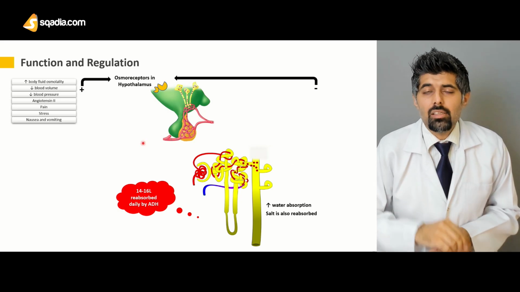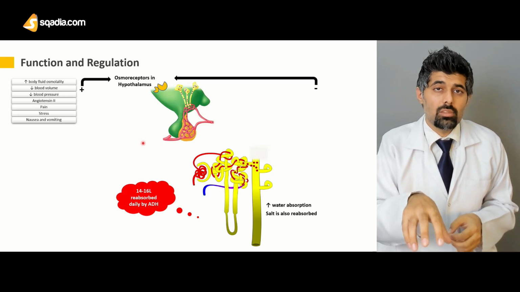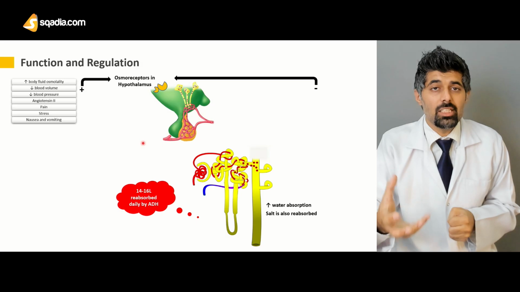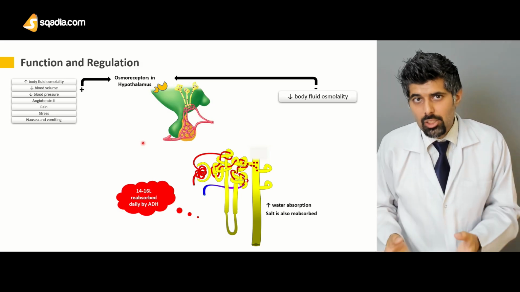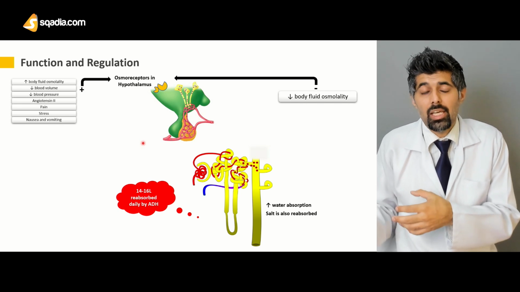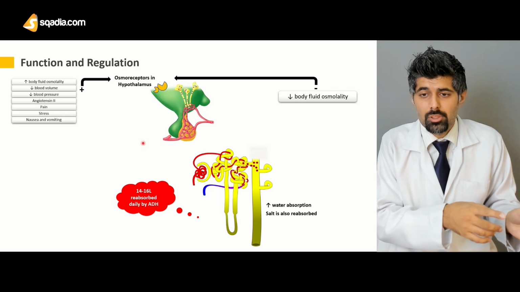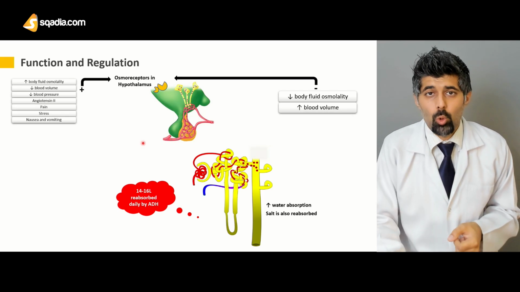Now, like I said, there are also some triggers which may inhibit the secretion or the release of the ADH hormone. These being, if there is decreased body osmolarity, that is again detected by the osmoreceptors. It can be due to increased blood volume.